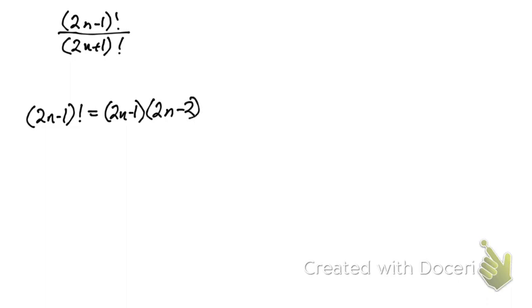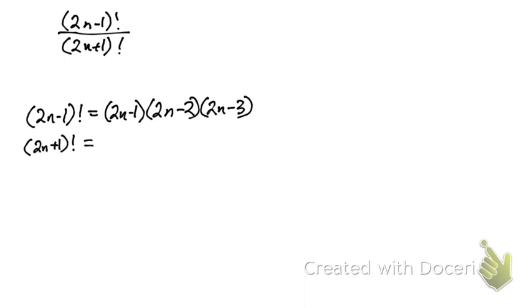Then one step down would be 2n minus 3. But that one doesn't really help me that much. What is going to really help me is the denominator, the 2n plus 1 factorial.